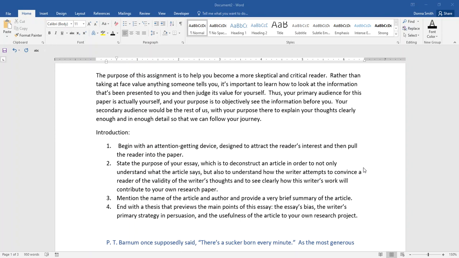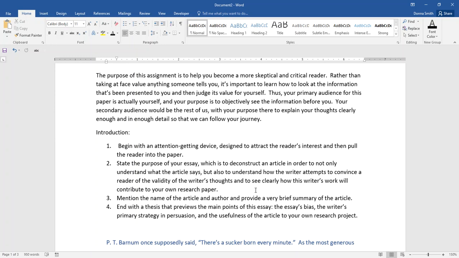The purpose of this essay is to deconstruct your article in order to not only understand what the article is saying, but to kind of pull back the curtain and also see how the writer is trying to get you to believe that he's got something useful and worthwhile and believable to say to you.